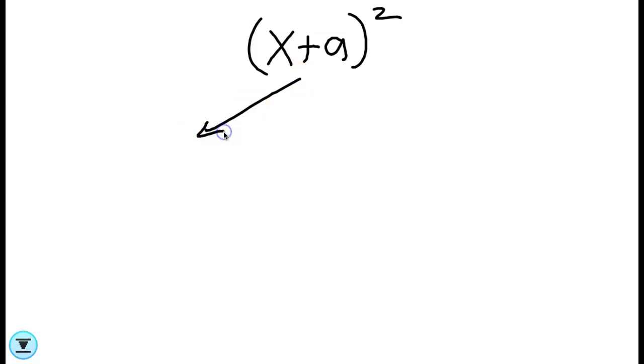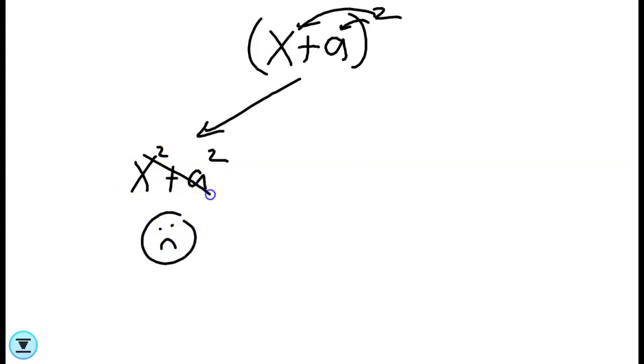Now, if you want to write this down, you can, but here's a common mistake students make with this situation. If you have a 2 here, a lot of students will just say, oh, okay, well, that's x squared and a squared. So it's going to be x squared plus a squared. And that's not true. That is not true at all.